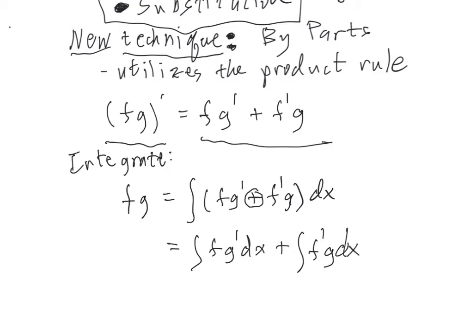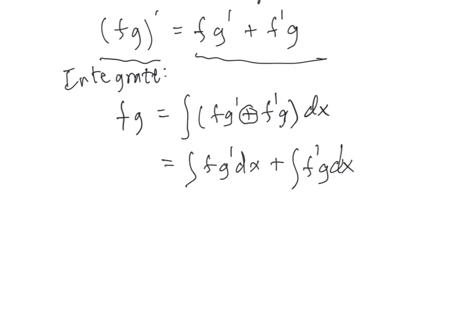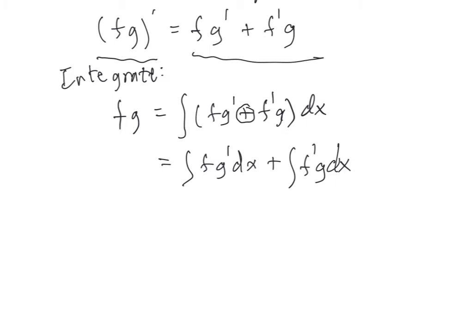Okay, and now our hope is that one of these is known. Let's say it's this one. And then I can solve for the other one by subtracting this across.